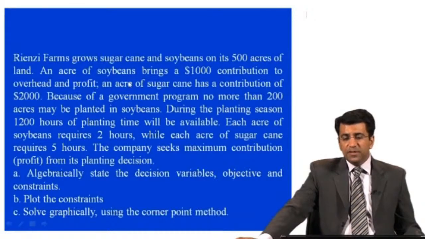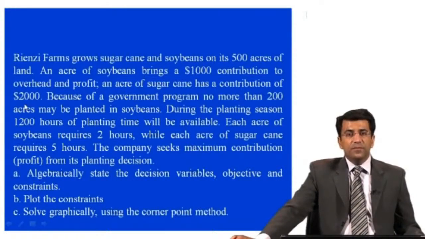An acre of soybean brings $1,000 contribution to overhead and profit. An acre of sugarcane has a contribution of $2,000. Now again, this information tells us about the objective function: if you produce an acre of soybean, it will give you a profit of $1,000, and if you produce 1 acre of sugarcane, we get $2,000.